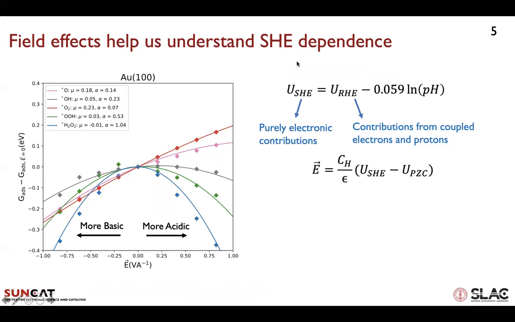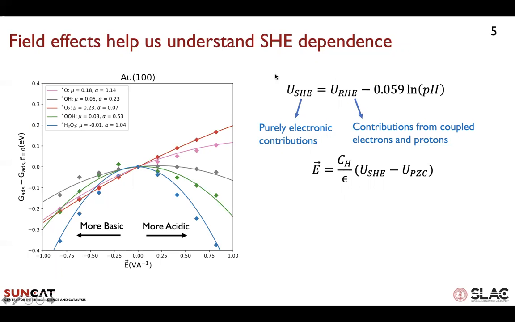When things are purely dependent on the SHE scale, we think of them as purely electronic contributions to the activity. Whereas when we think of things on the AIChE scale, we're thinking about contributions that come from coupled proton and electron transfers, if they depend solely on the AIChE scale.